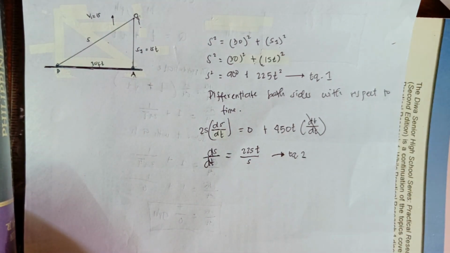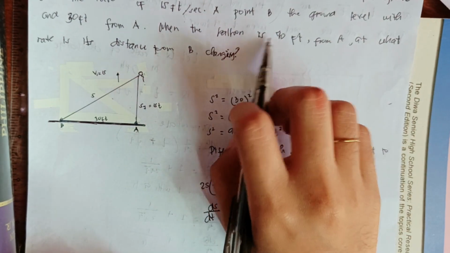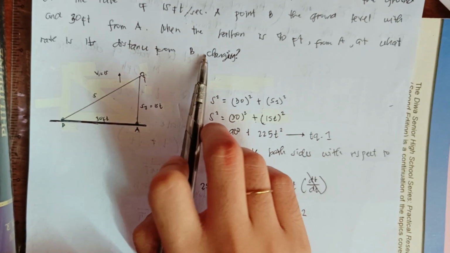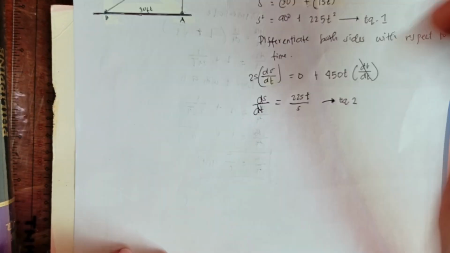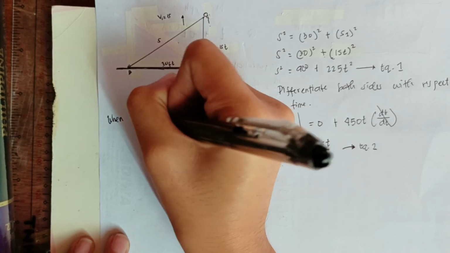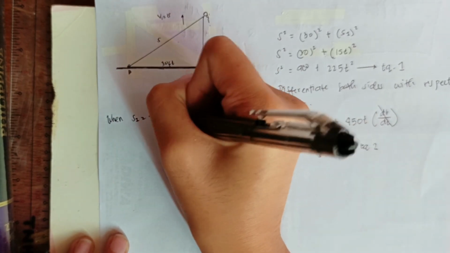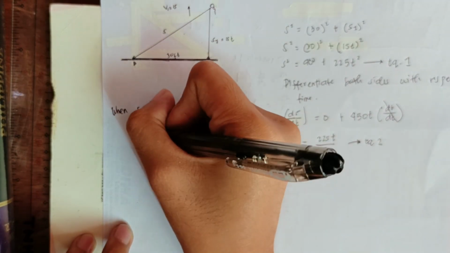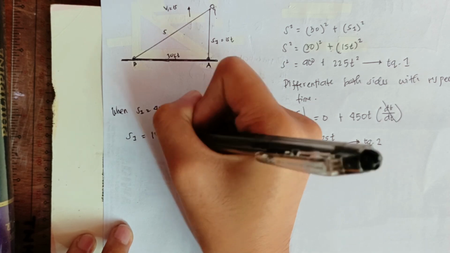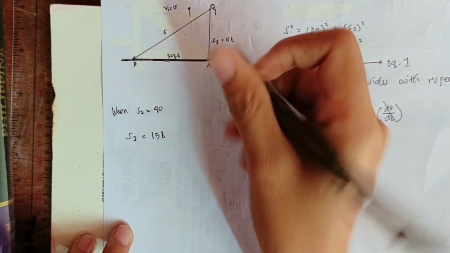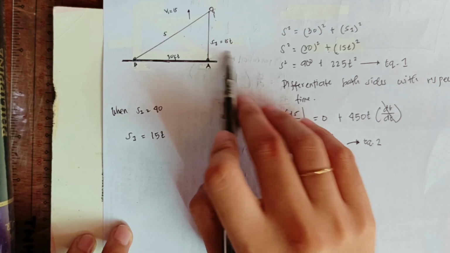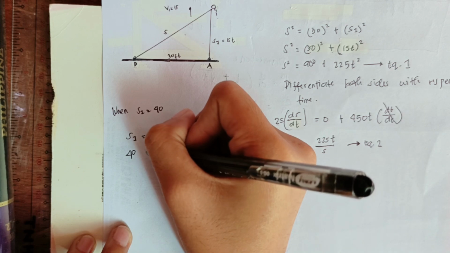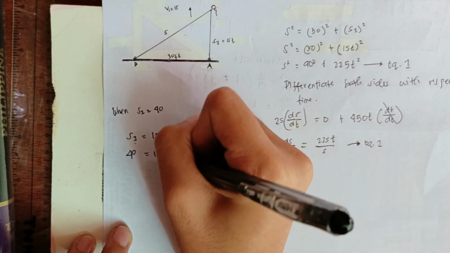Next is, diba na diri kay when the balloon is 40 feet from A, at what rate is its distance from B changing? So when S1 is equal to 40, so ato siyang gamiton tong S1 is equal to 15t, diba? So ato i-change into 40 ning S1 is equal to 15t.